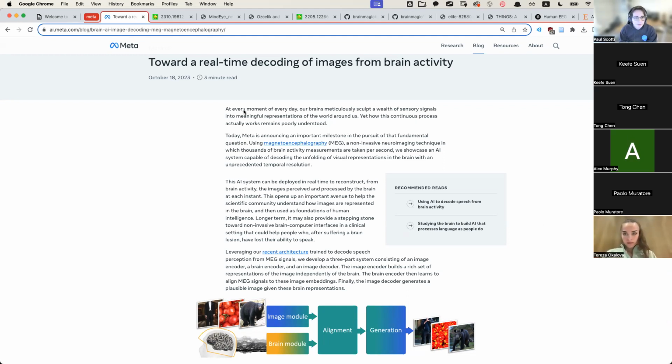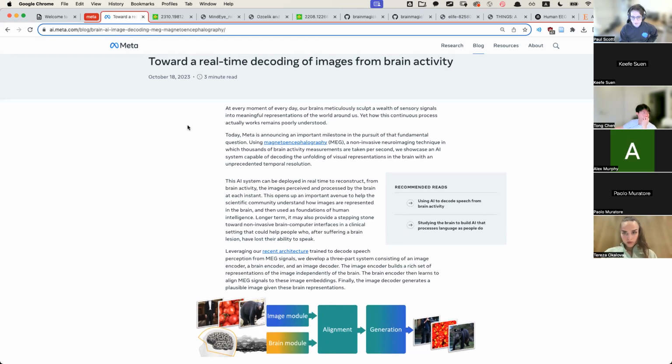This is a journal club talking about Meta's paper that they released in October, toward a real-time decoding of images from brain activity. Basically they're doing retrieval and reconstruction of images that were observed by people as they were being scanned in an MEG machine.